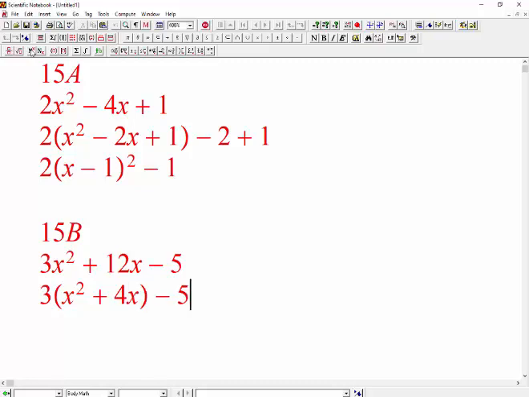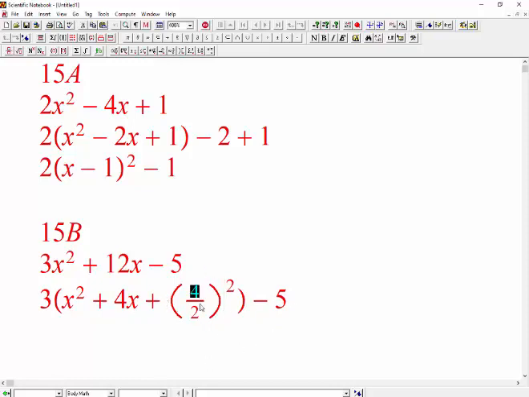All right, now tell me what to add here to complete the square. Half of what? Half of 4. Yes, that's right. Very good. So 4 over 2, which is 2.